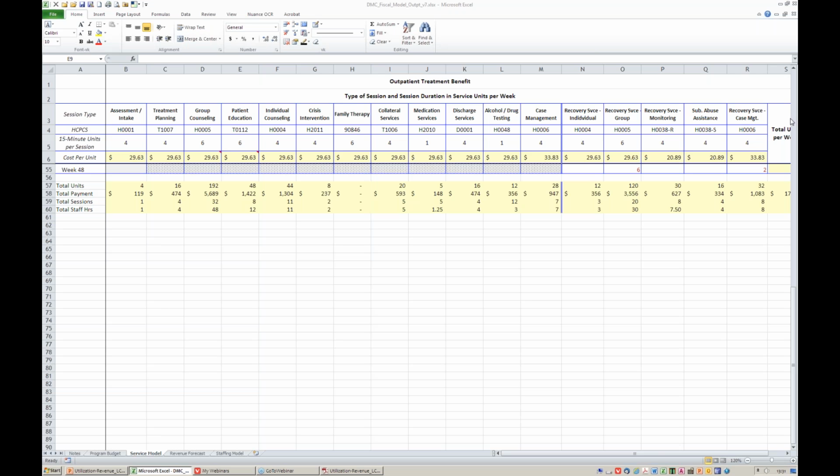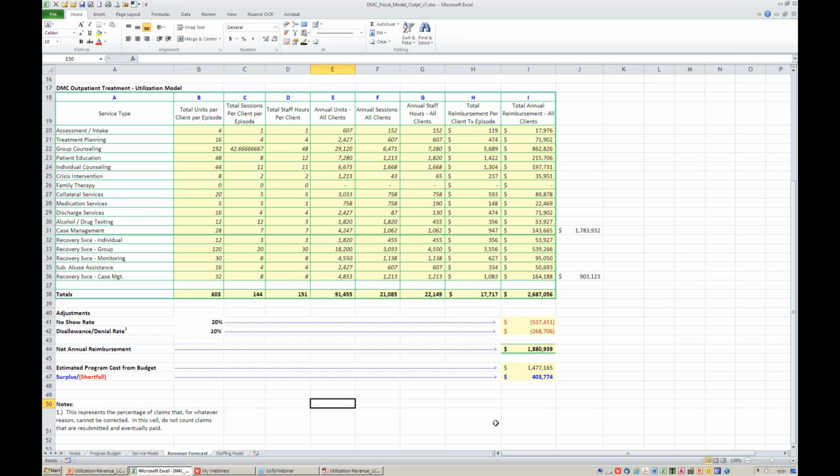To clarify, if you go back to the service model worksheet and adjust your group counseling session to 4.5 hours, then on the revenue forecast spreadsheet tab, Victor, change that to 4.5, because we decided that would be the average. Again, you'd have to calculate that in your own organization.